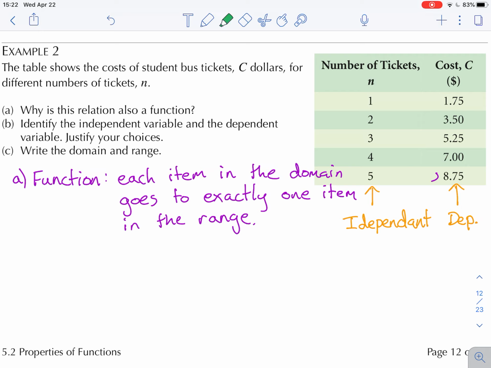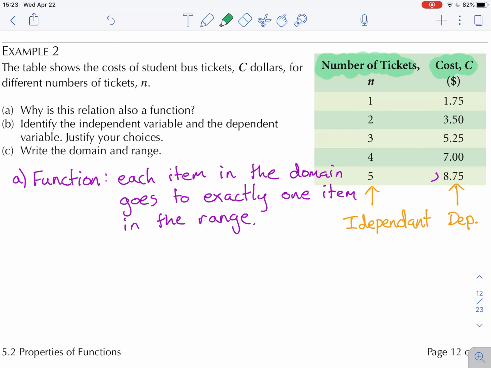Now, if you think about it, the cost depends on the number of tickets bought. That makes the most sense. The cost depends on the number of tickets bought. That makes the cost the dependent variable, the number of tickets the independent variable.